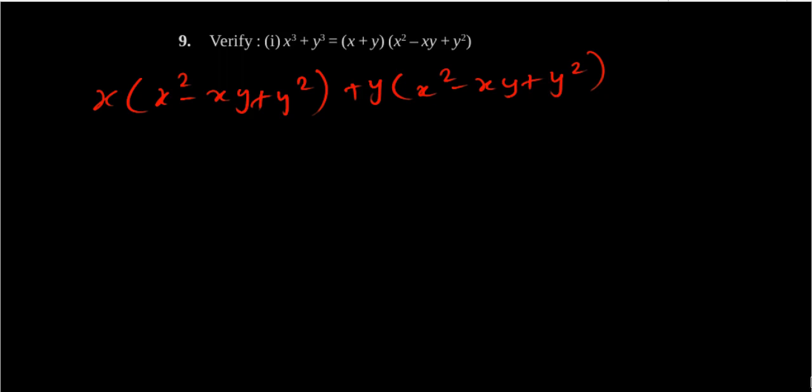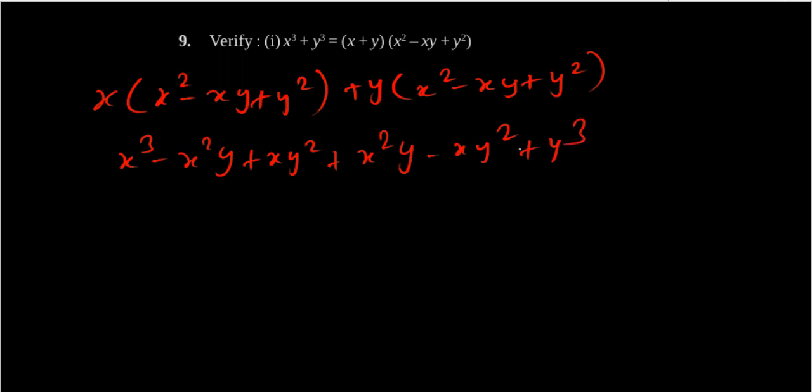If we multiply, we will get x cube minus x square y plus x y square. That means this x we are multiplying with all the terms. Same way plus y we are multiplying. So plus x square y minus x y square plus y cube.